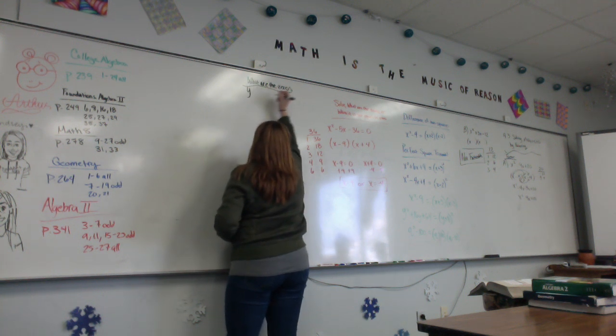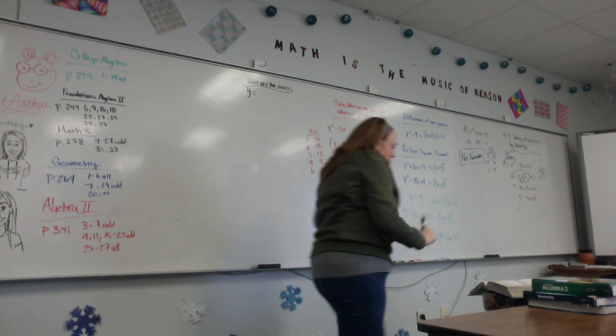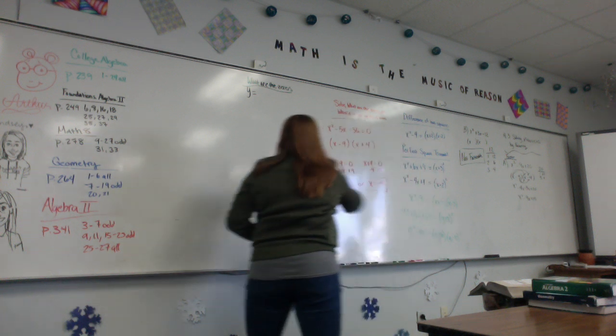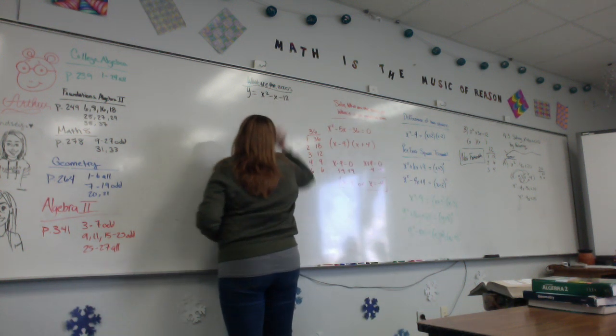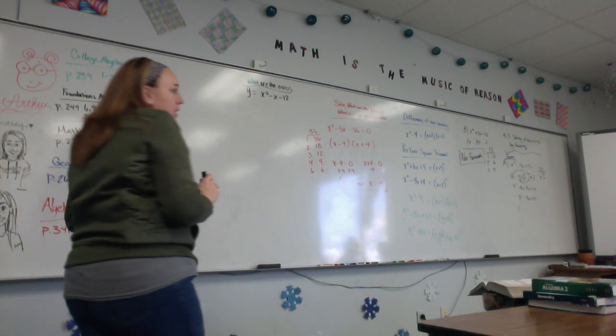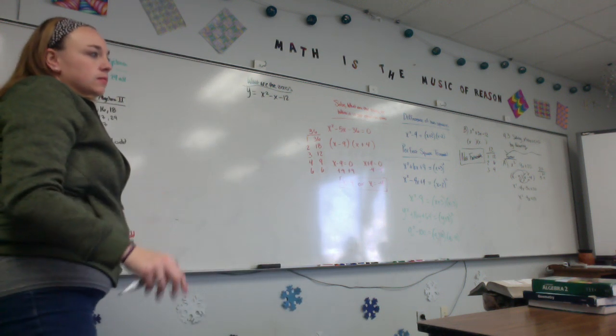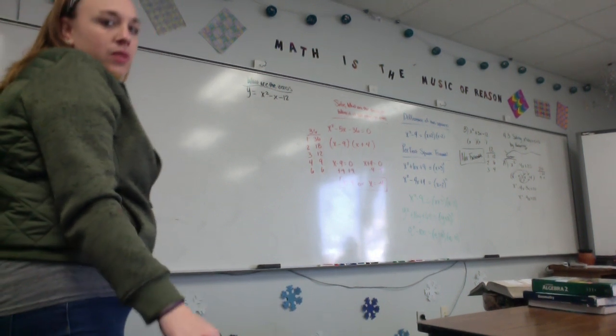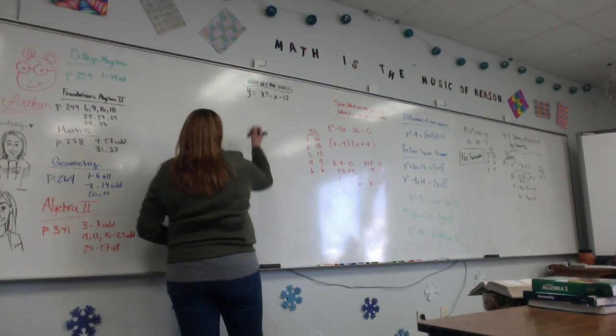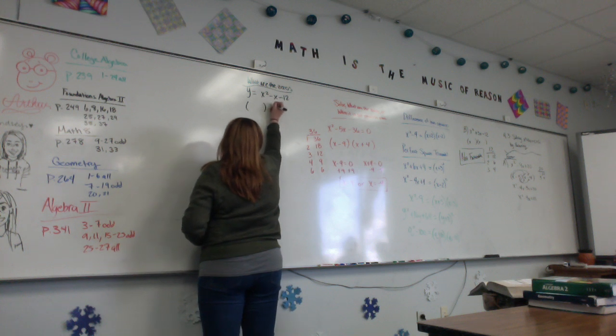Okay, what are the zeros? Y equals x squared minus x minus 12. Okay, what do I need to do first? You need to factor. Okay, so let's factor. How do I factor?